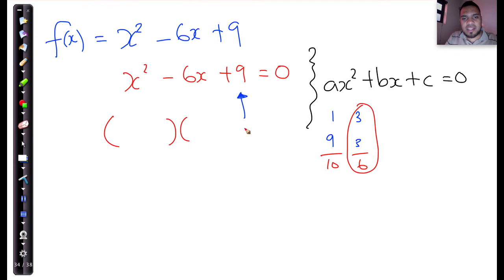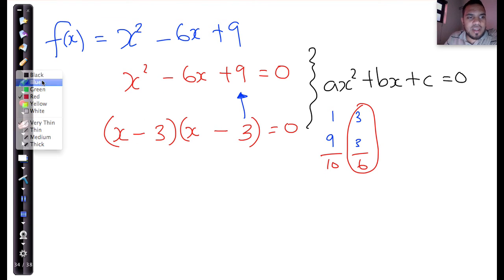So I open my brackets and I say x and x, and this value over here told me that the factors are going to be 3 and 3, and if that is positive, both factors must have the same sign. Now, using the zero product property that you've seen in previous videos, we can solve.